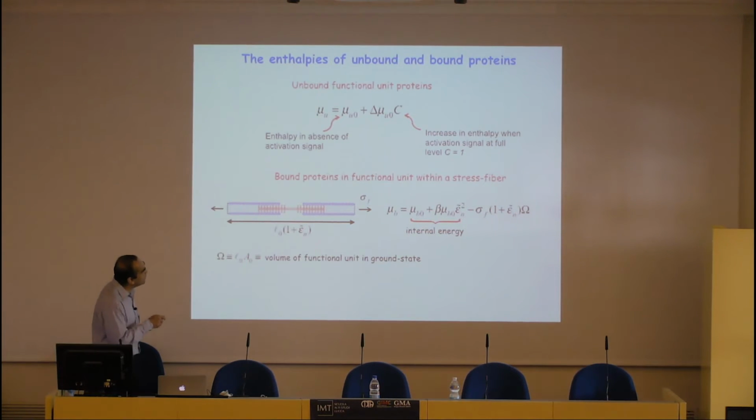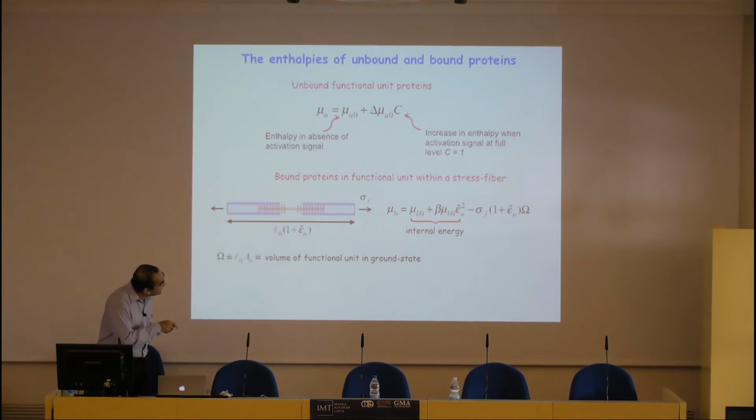This is the expression for the bound state of the protein, and I'll just spend 1 minute on this. In the bound state, this is the enthalpy of one particular functional unit. Of course, for all those functional units, you can just add up the enthalpies. There's going to be an internal energy, which is a function of the internal strain state that I described. I've just put a quadratic form because I know nothing else at this point.